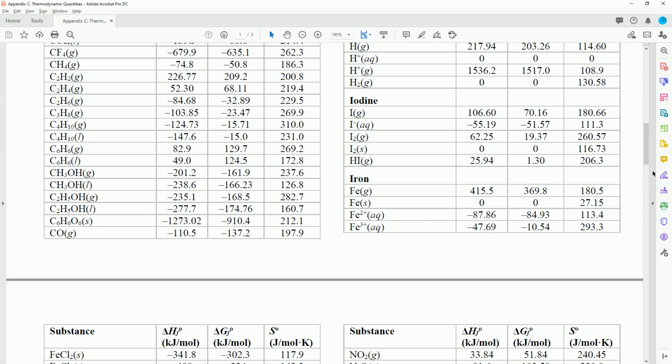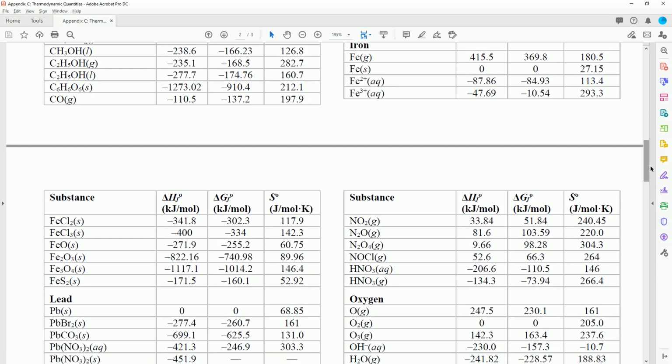I'm just going to write down these numbers. Fe2O3 is right there, 89.96. And then O2 is right there, 205.0. Those are the standard molar entropies, and these are all in joules per mole Kelvin.